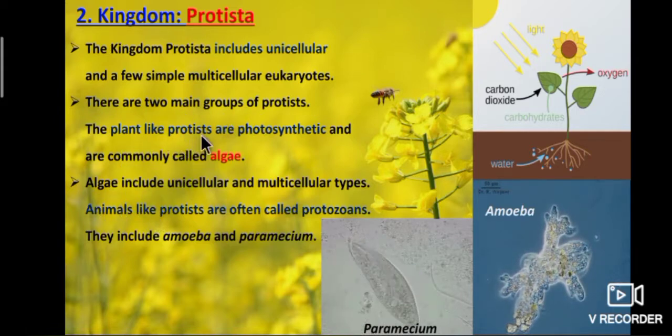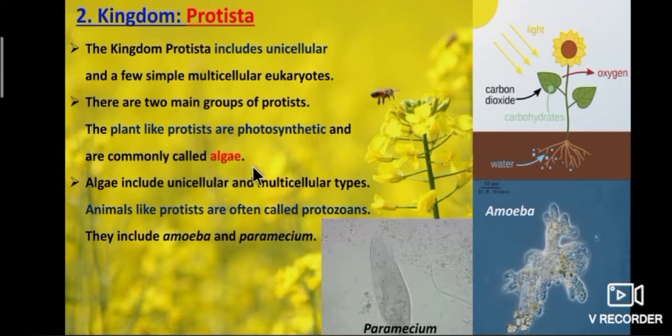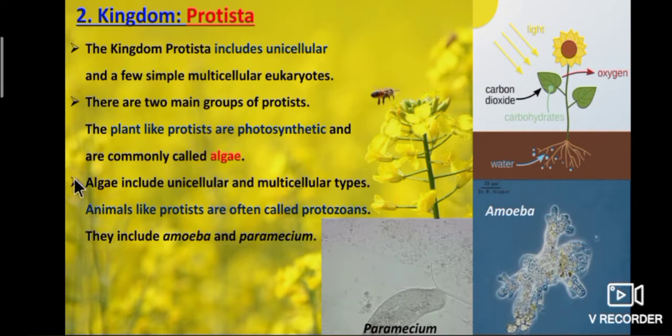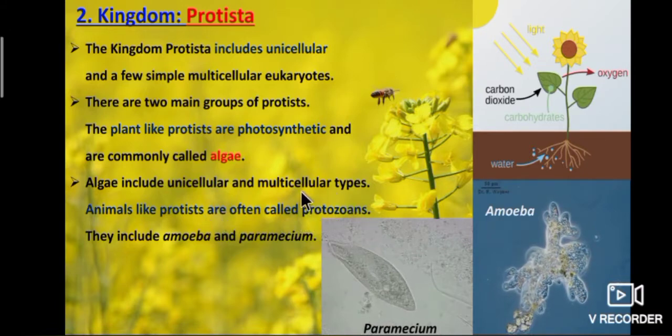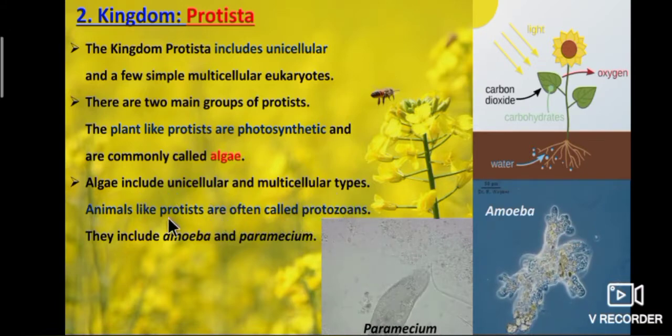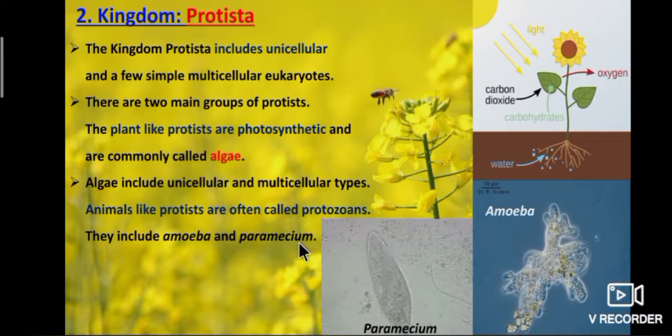The plant-like protists are photosynthetic and are commonly called algae. Algae include unicellular and multicellular types. Animal-like protists are often called protozoans. They include amoeba and paramecium.